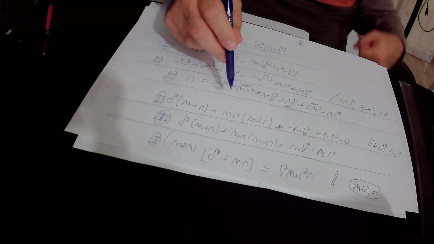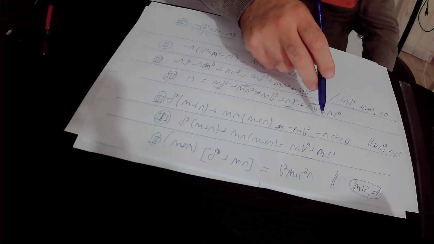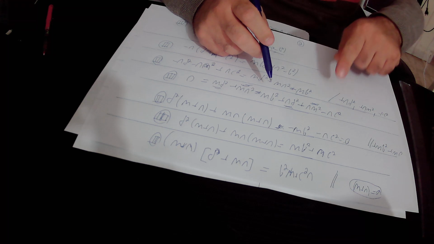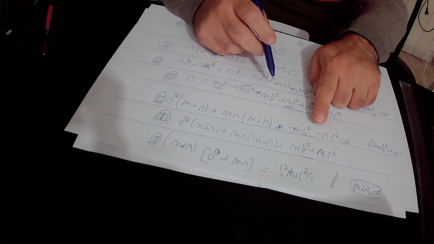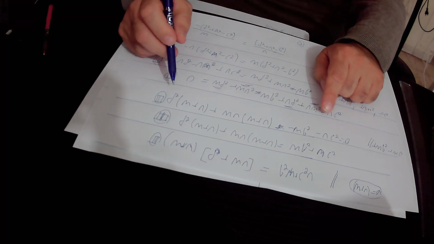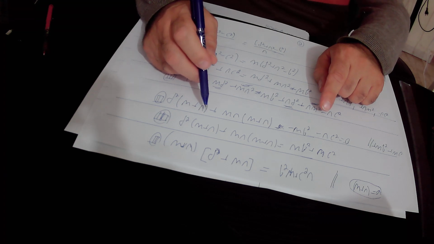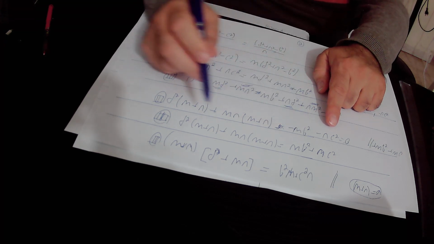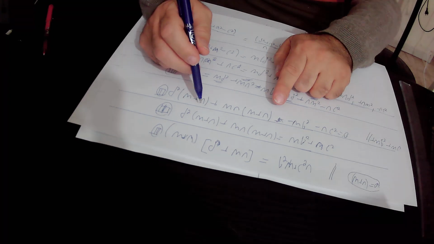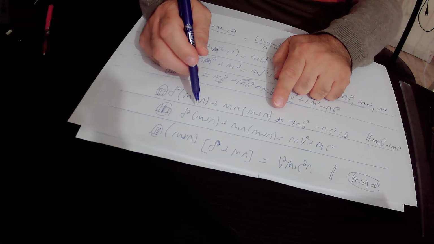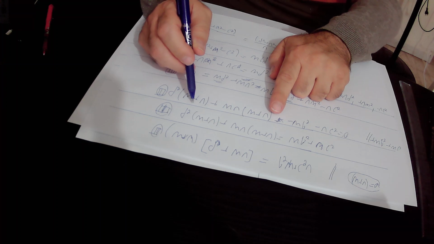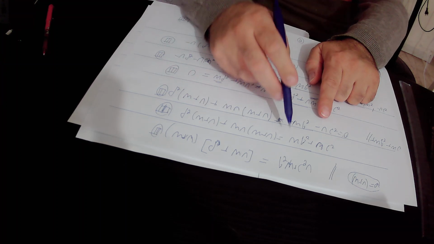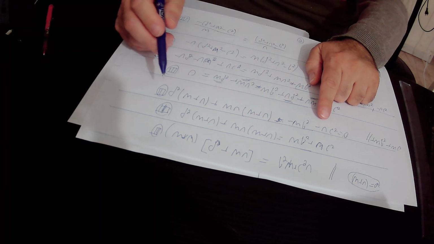So on this side of the equation, m b square and n c square get cancelled, and we have 0 before that. So after the operation we have m b square plus n c square. So we found out that d square (m plus n) plus m n (m plus n) equals m b square plus n c square. Then we took out m plus n as a common factor from those two expressions. So inside the brackets we are left with d square plus m n equals b square m plus c square n.